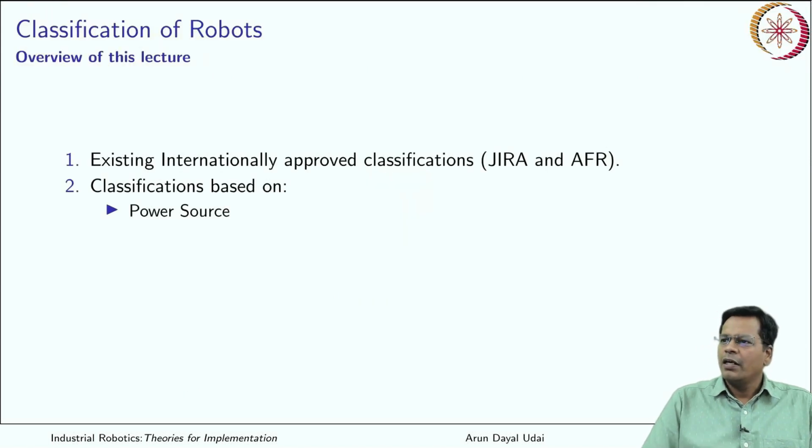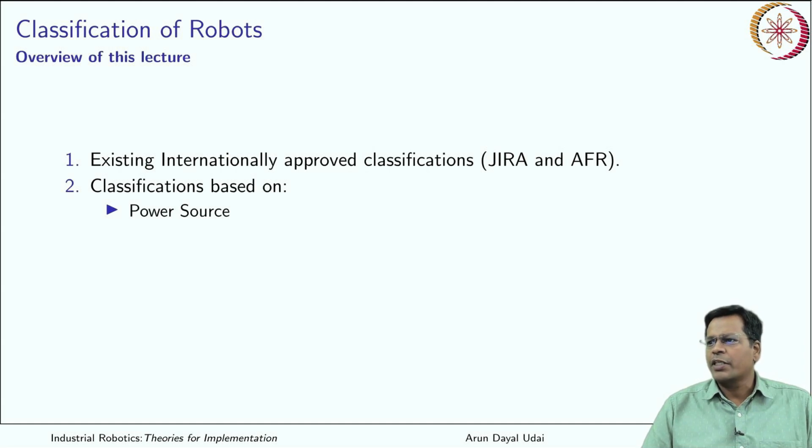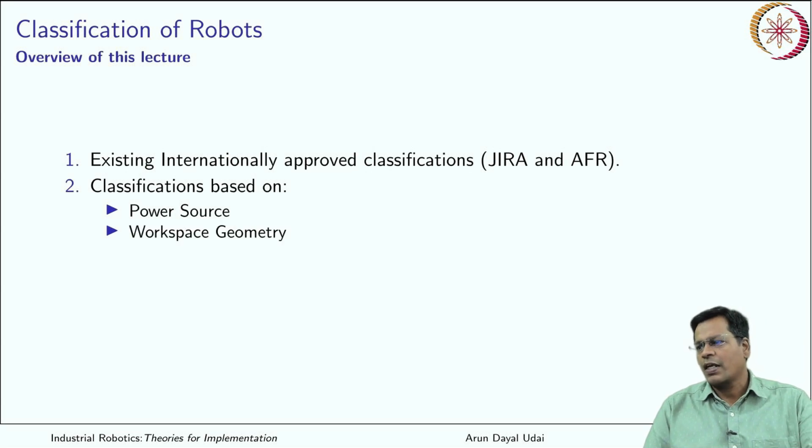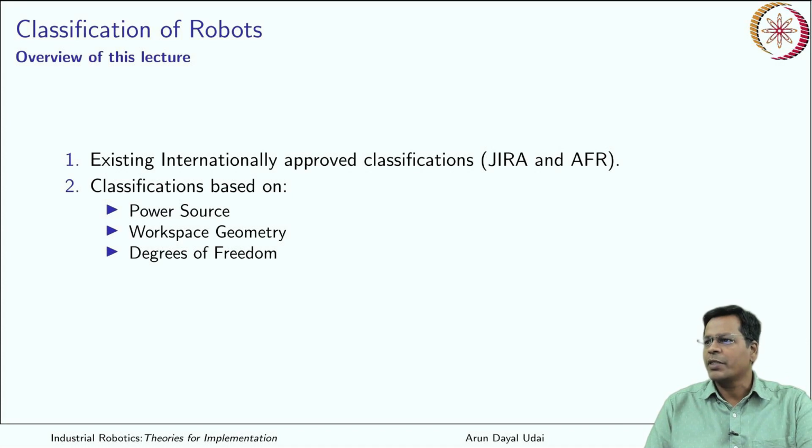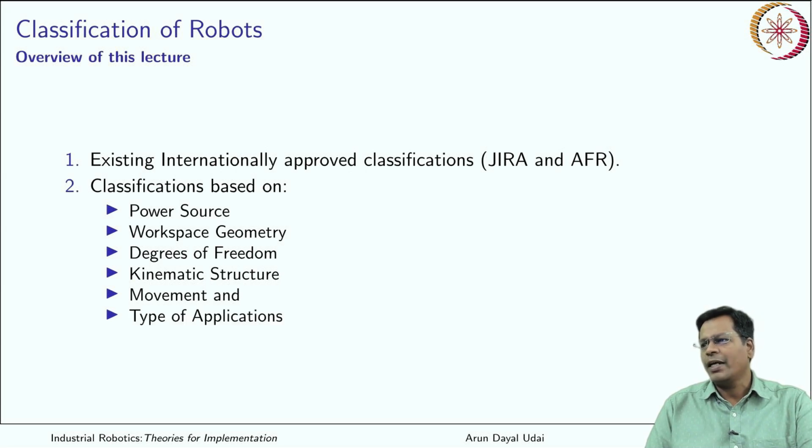In today's lecture I'll be covering mostly existing internationally approved classifications, JIRA and AFR, and classifications based on power source, workspace geometry, degrees of freedom, kinematic structure, movement, and different types of application. You can further classify a given robot.